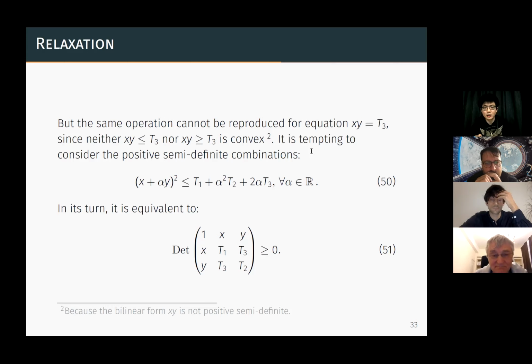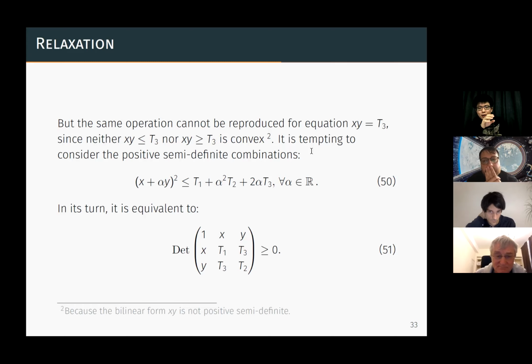But it is not very elegant to choose a grid of alpha on the real axis, like a 10,000-point grid. Here is actually a better choice. Let's look at equation 50. We demand this inequality to be true for all alpha. This is equivalent to demanding that the determinant in terms of alpha be non-positive.